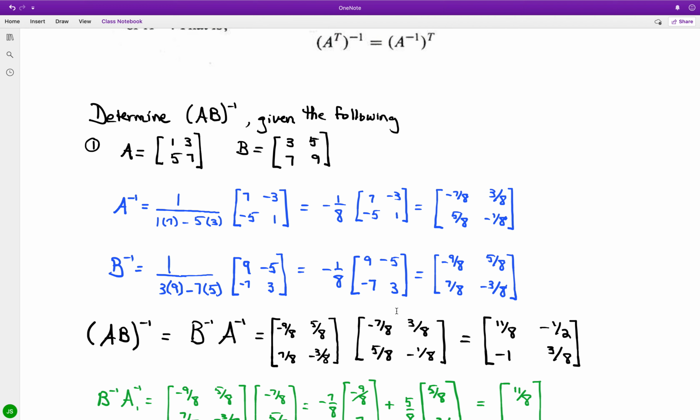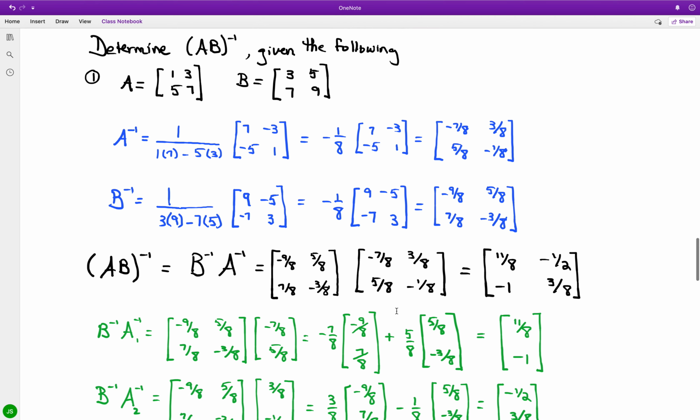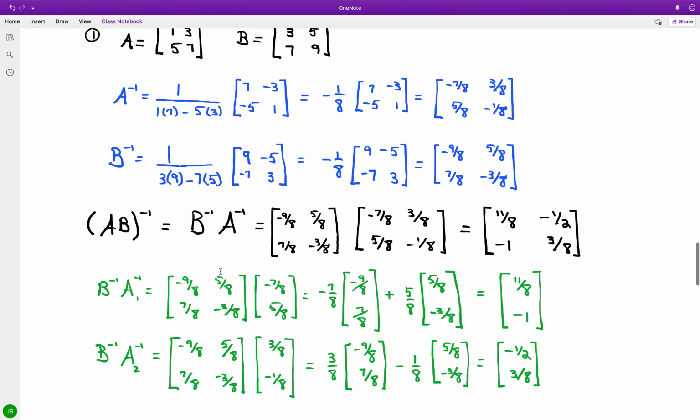And now for the determination of the inverse of the product of A and B, we're looking at taking the product of the inverse of B and the inverse of A. So the inverse of B is this 2 by 2 matrix, and the inverse of A has negative 7/8 and 3/8, as well as 5/8 and negative 1/8.